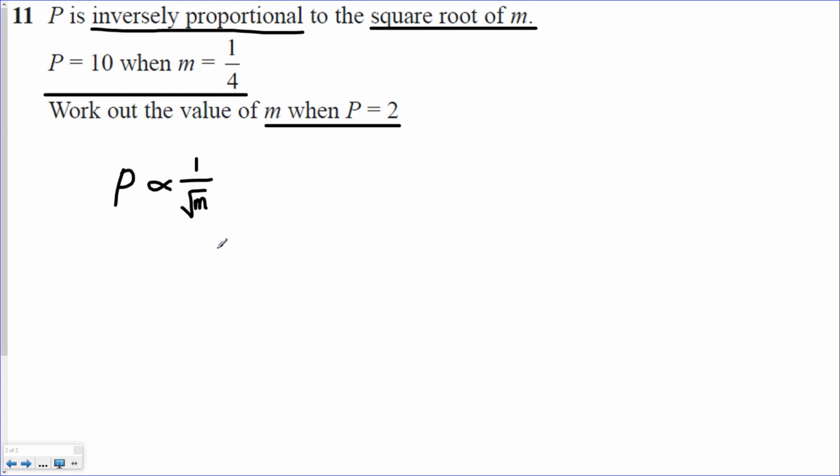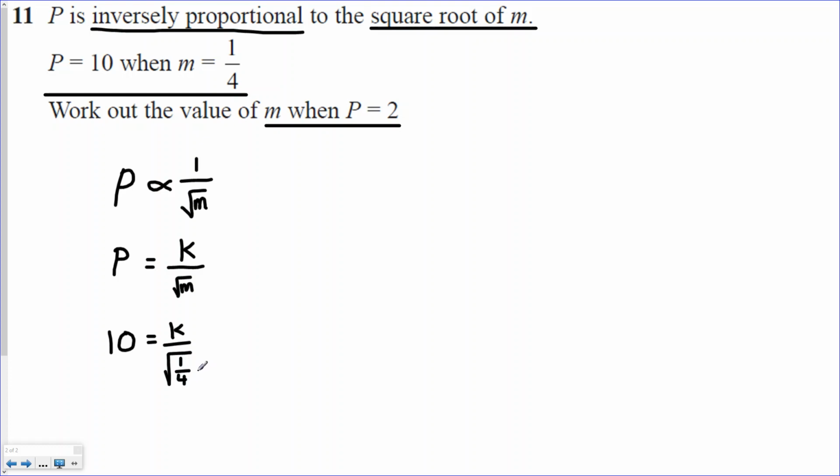That's going to be your first line of your working out, and then we're going to replace the proportion sign with equals, and we're going to try and find the constant of proportionality, which is going to be k over the square root of m. Now you substitute your two values in, so we're going to replace p with 10 and we're going to replace m with 1/4. So we're going to get 10 equals k over the square root of 1/4.